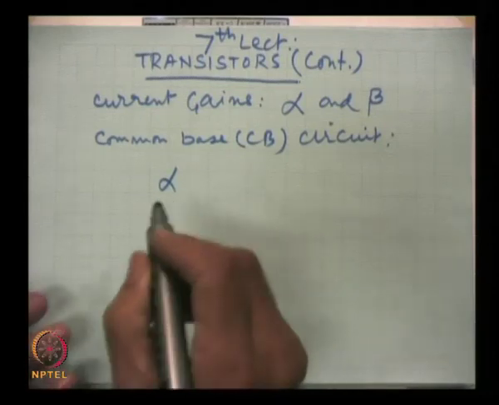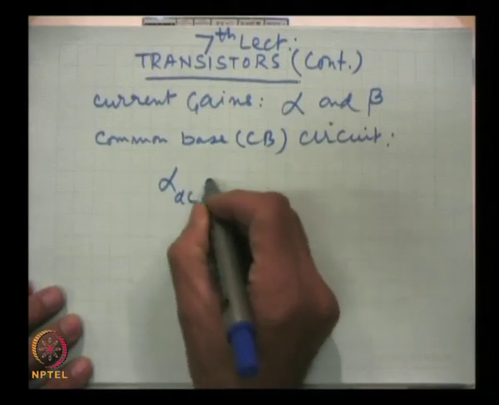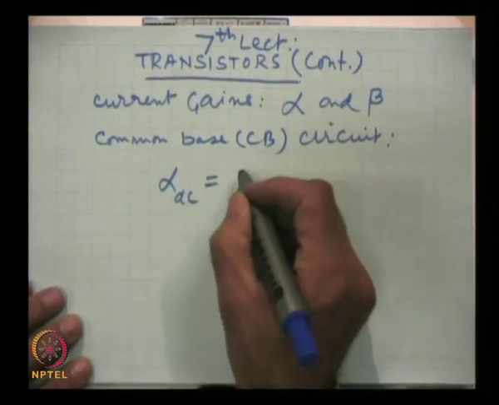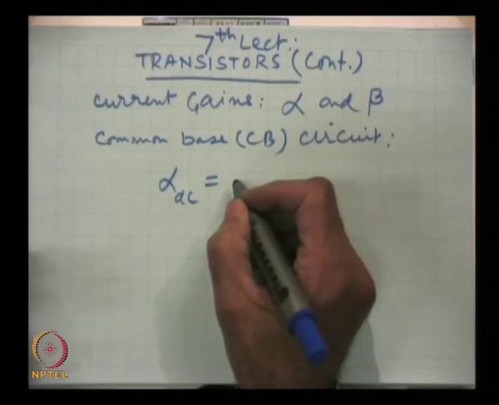So, we define alpha DC as the ratio of, as I said earlier, that for gain the fundamental definition remains the same, output versus input.